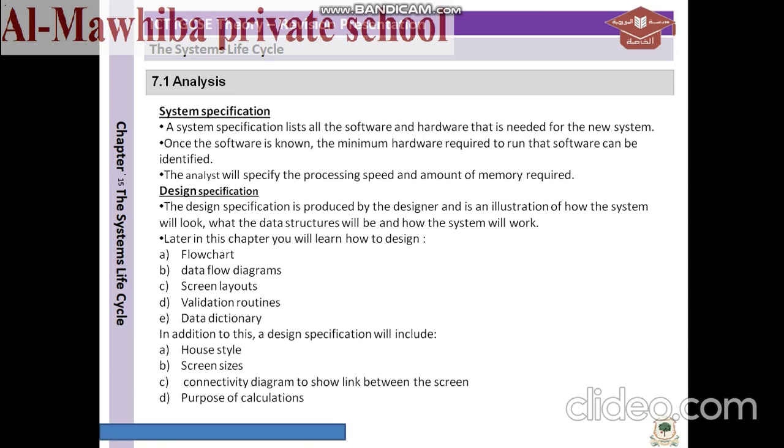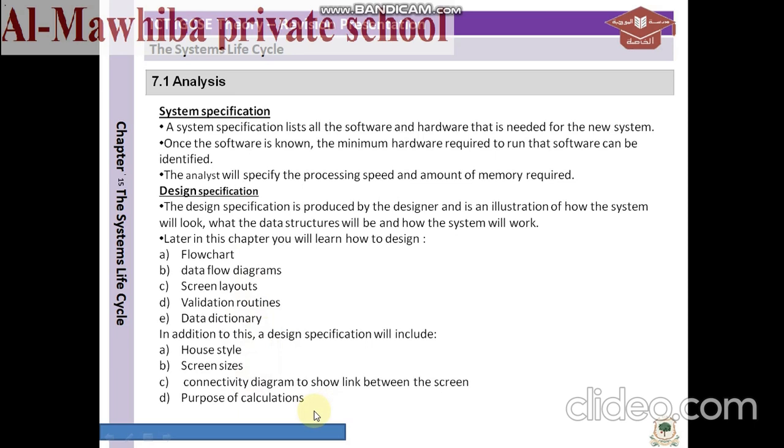In this design phase, you will be able to design the flow charts, data flow diagrams, screen layouts, validation routines, and data dictionary. These are the 5 major things that will happen in the design phase that we are going to discuss later. In addition to this, a design specification will include house styles, screen sizes, and a connectivity diagram to show the link between the screens and the purpose of calculation.